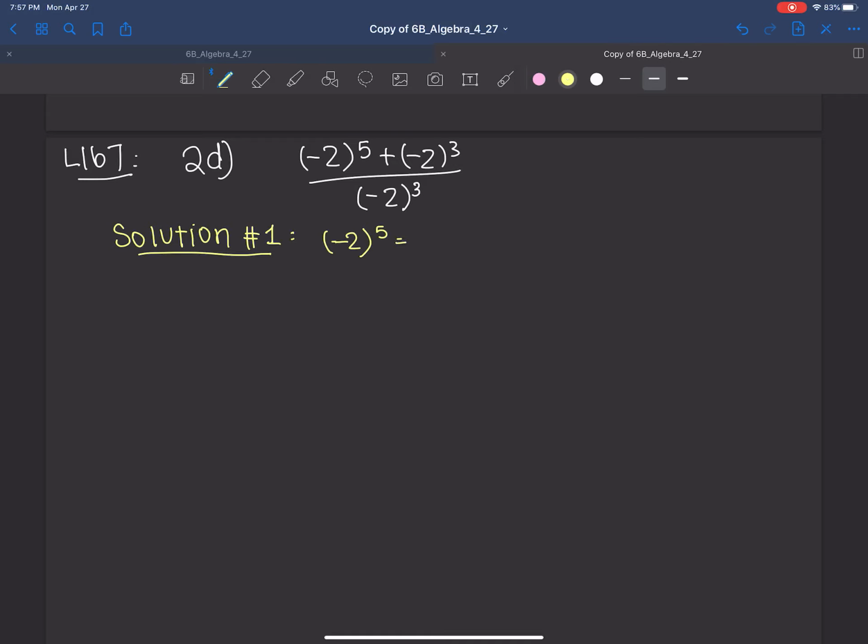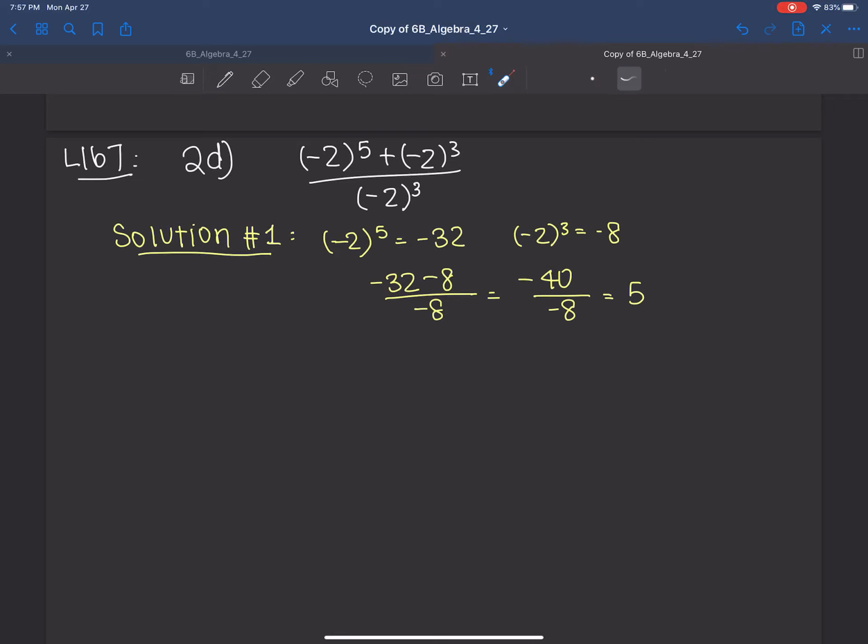I have to calculate that eventually. That's minus 32. And minus 2 cubed, that is minus 8. So plugging into our expression, we actually have minus 32 minus 8 divided by minus 8. And then now we have minus 40 in our numerator and minus 8 in our denominator. And then we have 5.